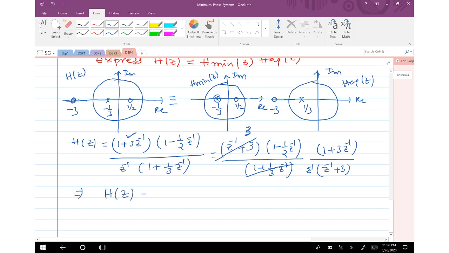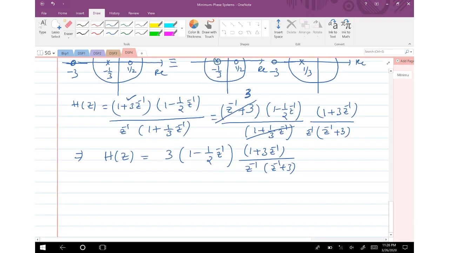H of z equals 3 into 1 minus 1/2 z inverse, multiplied with 1 plus 3 times z inverse over z inverse plus 3.